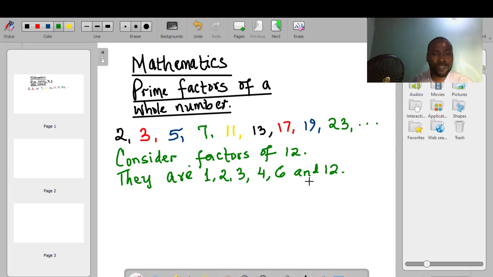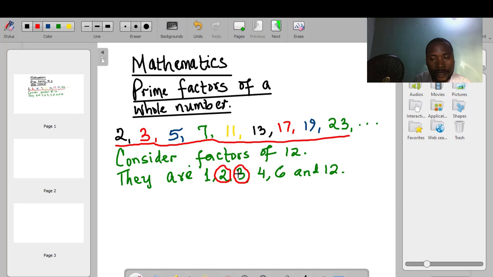So among the factors of 12, notice that there are some factors of 12 which fall in this category, this set of numbers. If you check carefully, you will see them. You will notice that there's 2 here. 2 falls in that category. Can you see that? 3 falls in that category.